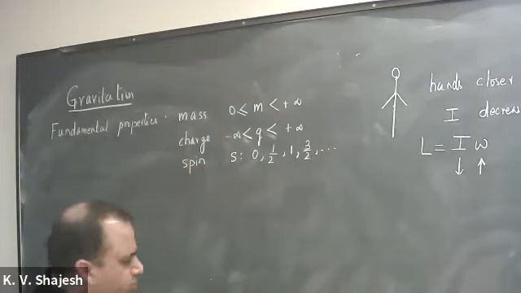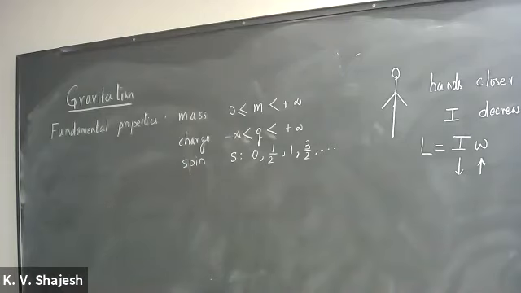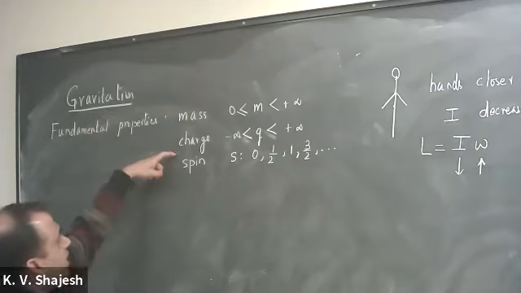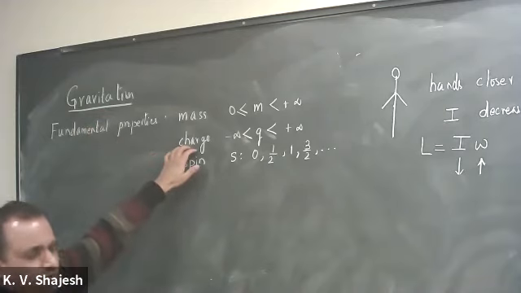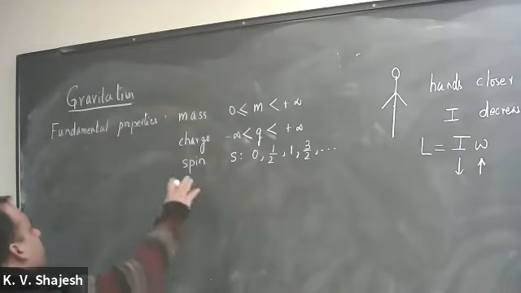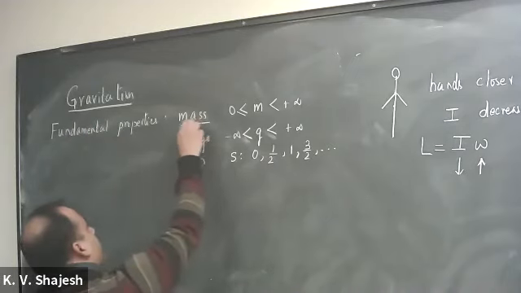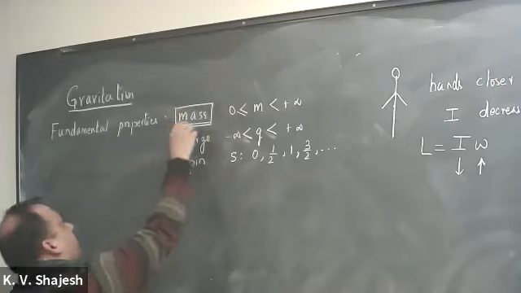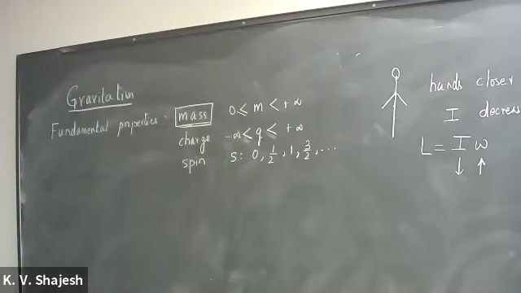These are called fermions or bosons, so it's an important characteristic of a particle. Later, in the second part of this course, you will see what charge is and what equations govern it. Spin comes later. For now, we are talking about mass. That's the important parameter we are using here.